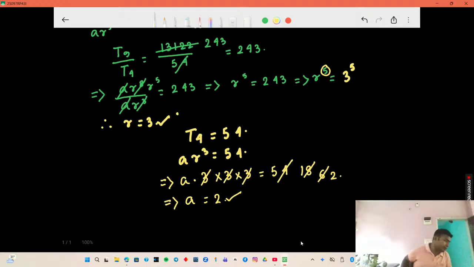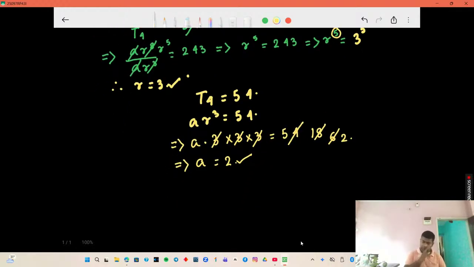Now what we have to find out? We have to find the GP. So the first term of the GP will be 2. The next term of the GP will be 2 into 3, and that will be equal to 6.